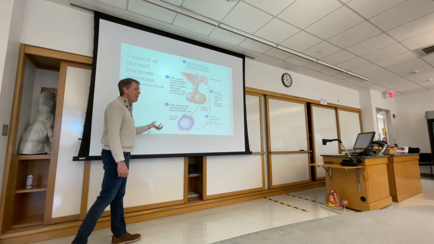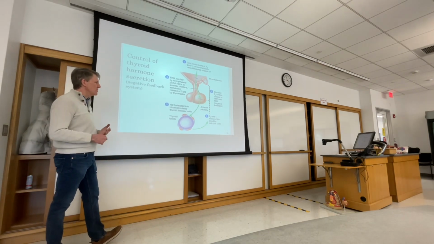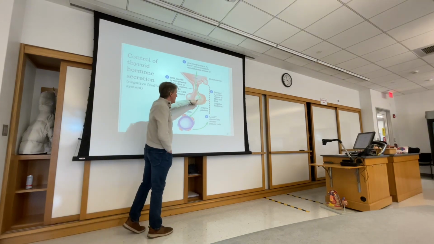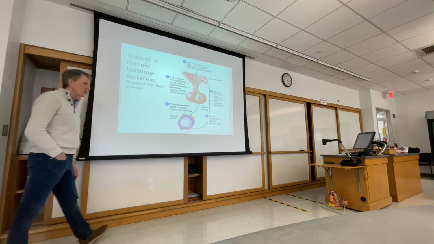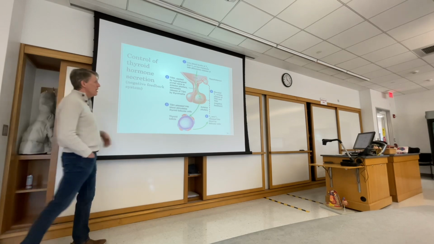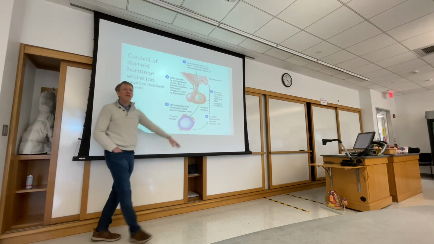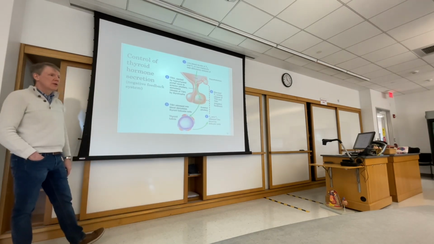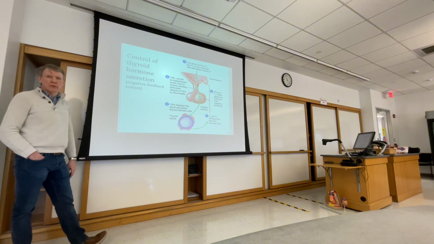But what happens is, and another piece of the puzzle that you need to know is that TSH, thyroid stimulating hormone, when it goes to the thyroid, when the thyroid's unable to use iodine to actually make T3 and T4, TSH has a growth effect on the thyroid tissue and will actually make it get larger.